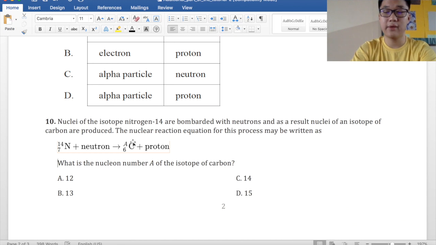So we can equate the equations here: 14 plus 1 is equal to A plus 1, and A would definitely be equal to 14. That's why the answer here is C, and that is 14.